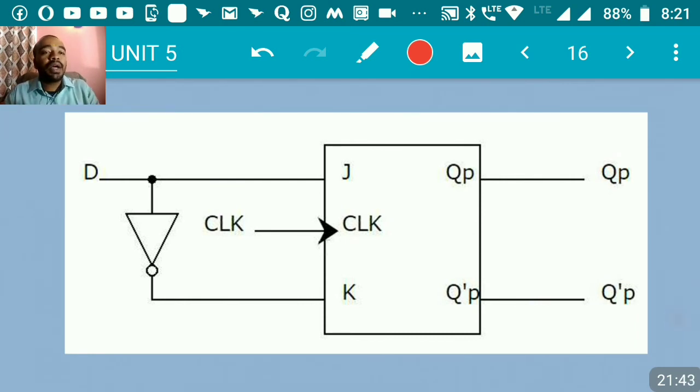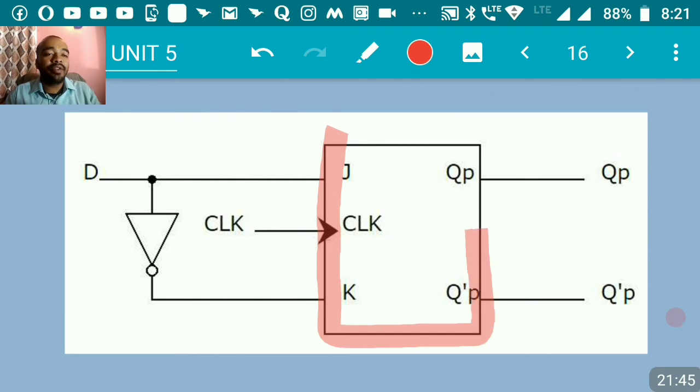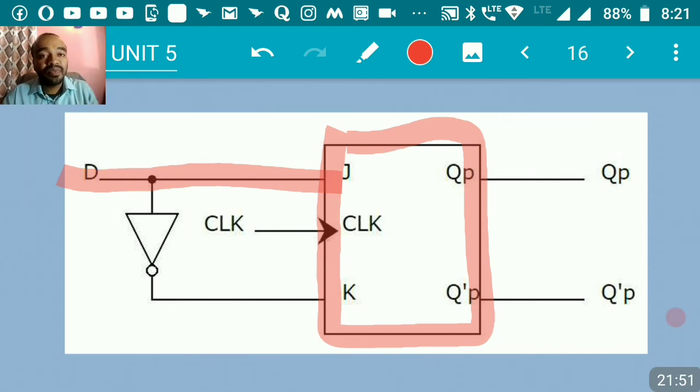Next, let us understand the block logic diagram of your D flip flop. I have just taken a JK flip flop, and one input is connected to the JK flip flop directly, and the same input is inverted and given to the K input of the JK flip flop. I take one input, the same input is given to J, invert that input and give it to K. That becomes the input side of your delay flip flop.